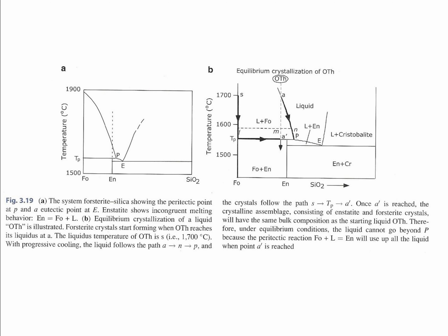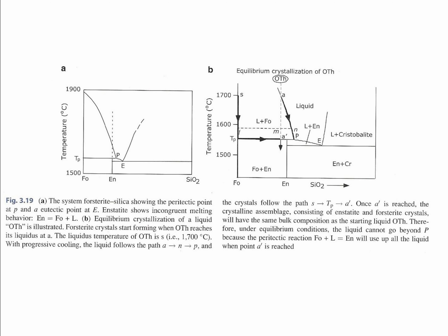We have a solid phase, and from this solid phase, we are making a liquid phase. At the peritectic point, we have incongruent melting. That means we have an enstatite crystal, for example, then we are forming forsterite plus liquid, and in this liquid you have SiO2, and then we are forming an enstatite.